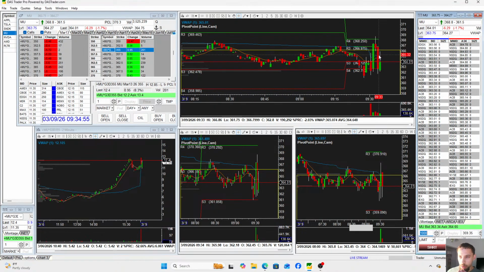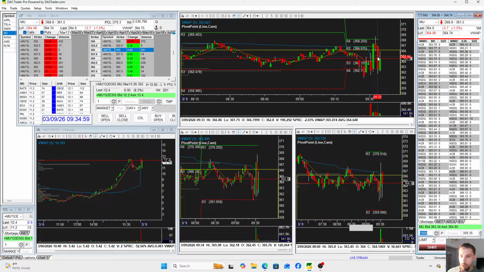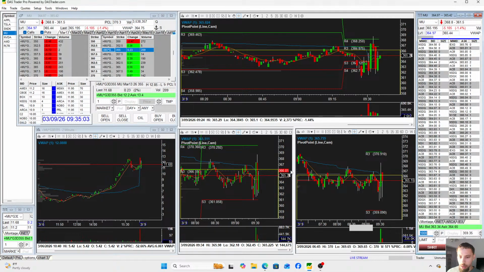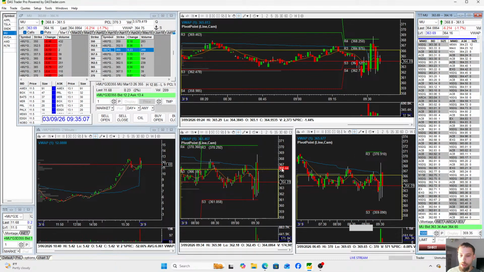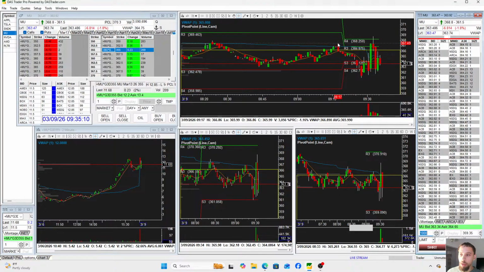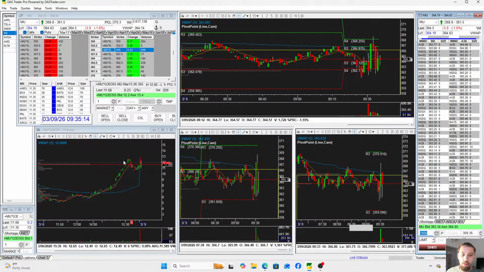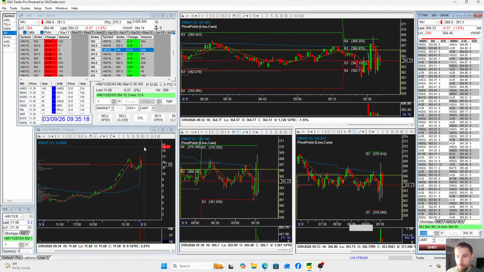Pretty much tested the box here. And before I do take a trade as well, guys, I need ideally confirmation that the stock is going to do what I think it'll do. There will be confirmation on every single chart: 1 minute, 2 minute, 3 minute. This chart over here is the strike price chart for the ticker.